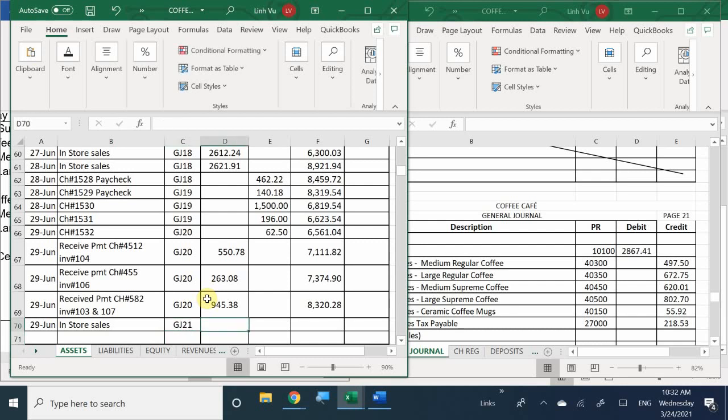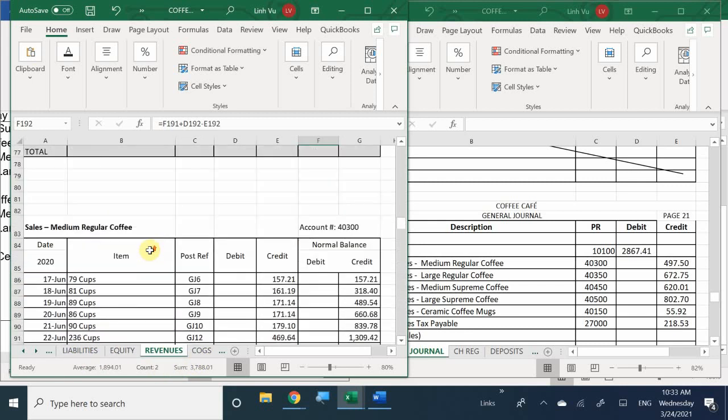How much cash did we actually receive? 286741. Okay. So therefore, what should be my balance? $11,187.69. Perfect.